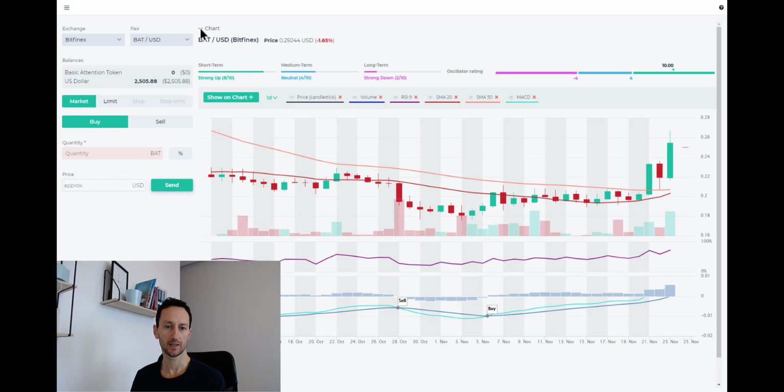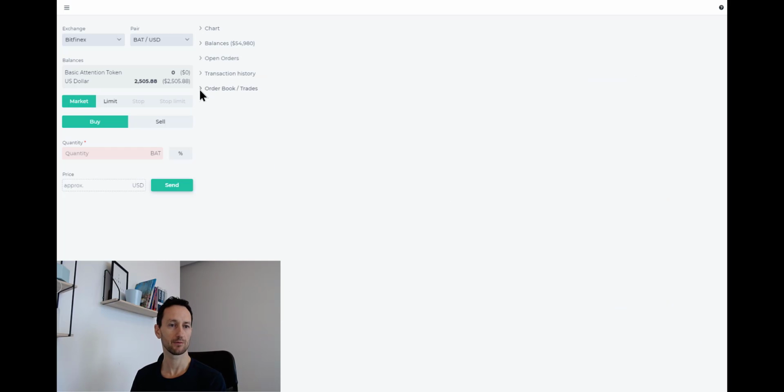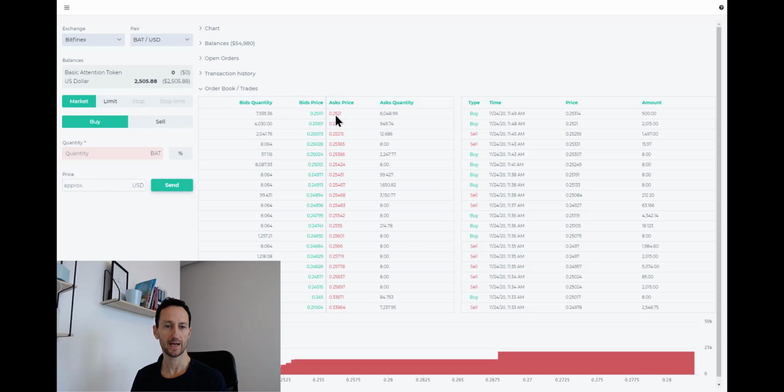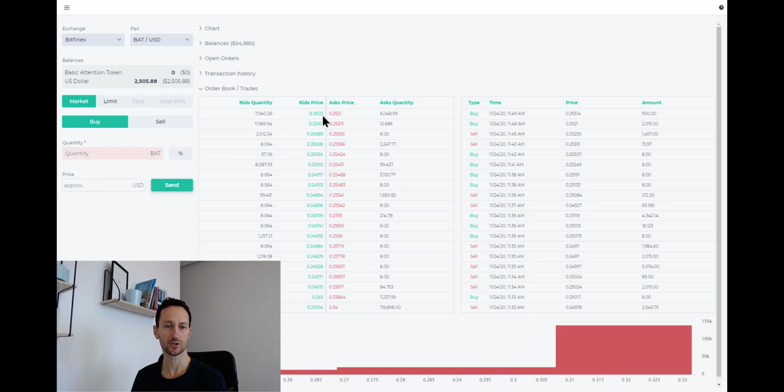Let's look at the chart again. Like I said, ideally we'd buy it here at 24 cents where the resistance was broken, but I'm going to go ahead and buy some right here. If we look at the order book, we can see where it's trading right now live. The bid-ask spread is very tight, which is great.